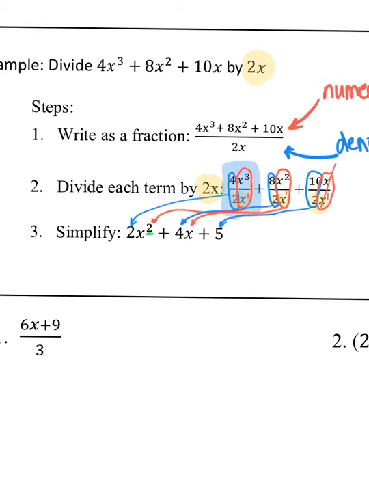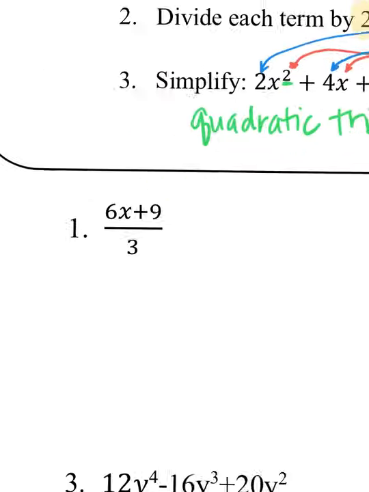So this would be a quadratic. And there's 3 terms, so a quadratic trinomial. And again, that's if I were to ask you to classify that. And remember that you have that little chart to help you that we went over the first day we worked on polynomials.